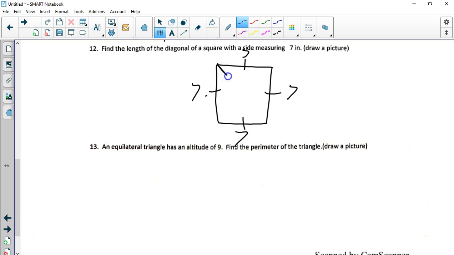So try to find the measurement of a diagonal. So that's just going, again, from the short side of a 45, 45, 90 to the hypotenuse. So the length of the diagonal is just simply going to be 7 radical 2 inches.